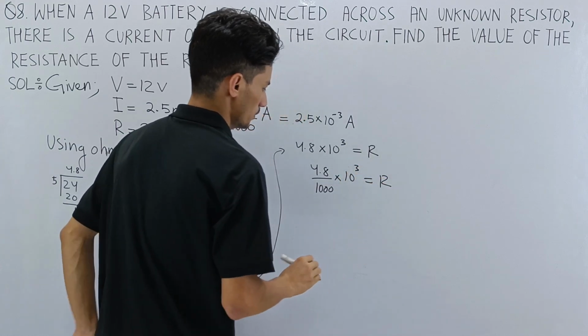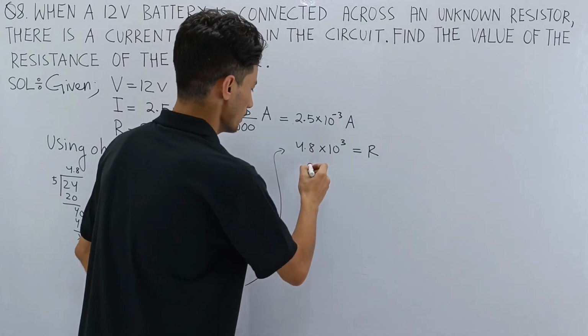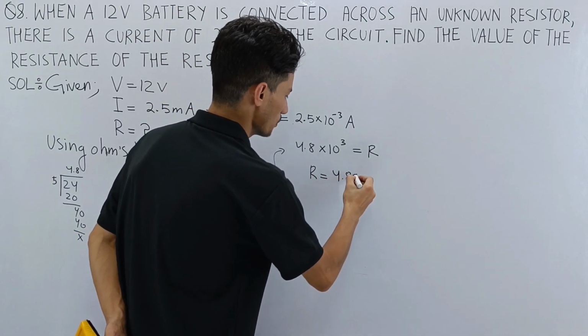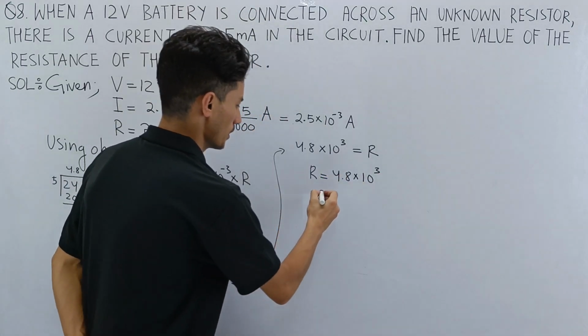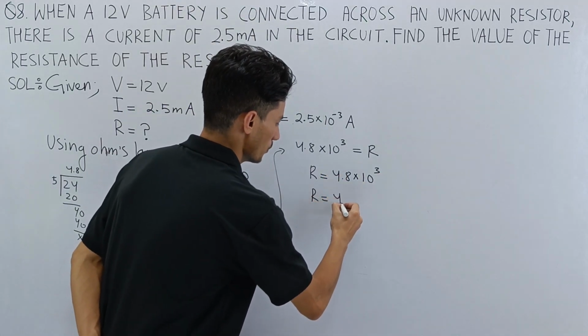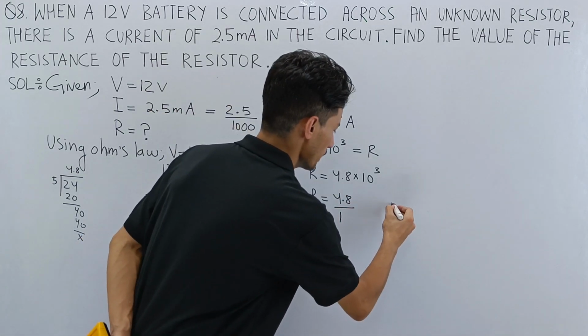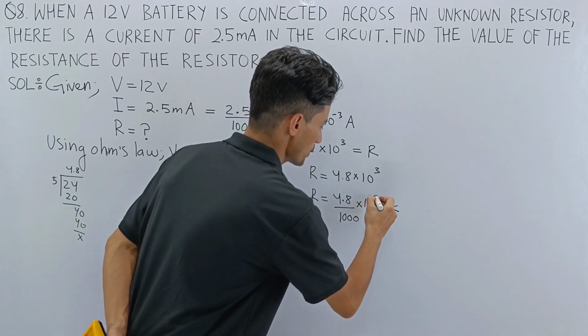Okay, R you write like this: 4.8 into 10 to the power 3. So R is equal to 4.8. We are bringing kilo ohm, so we'll bring K. For bringing K, I'm writing 1000. 10 to the power 3 means 1000 only.